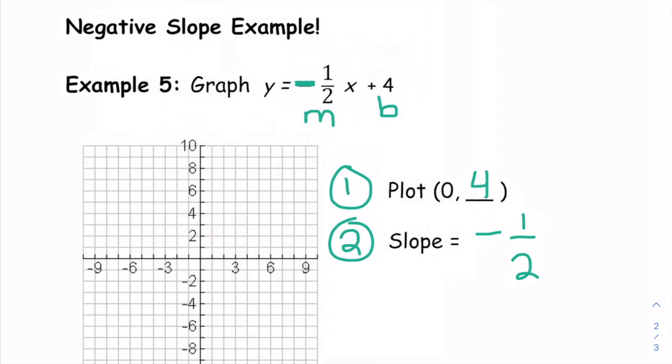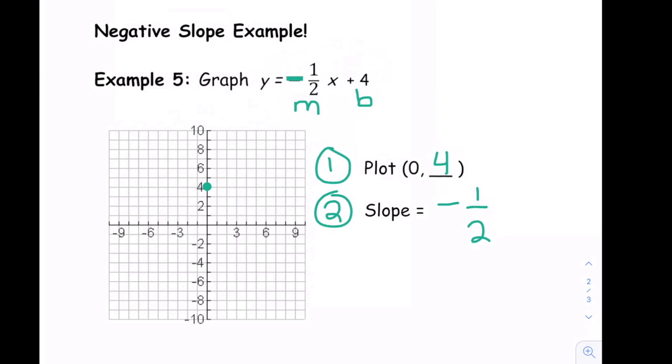Here's 0, 4, my y-intercept. Now for my slope of negative 1/2, I'm going to apply that negative sign to the top number. So I'm going to rewrite this as negative 1 over 2. I'll always put the negative sign on the top number just to make it easier to remember. Negative 1 on top means I'm really going down 1 instead of up 1.